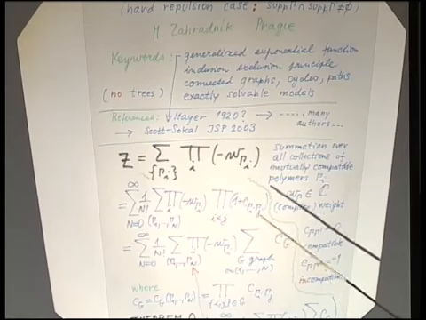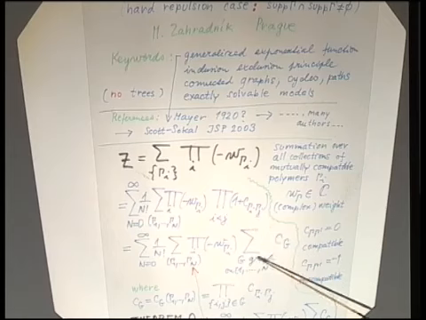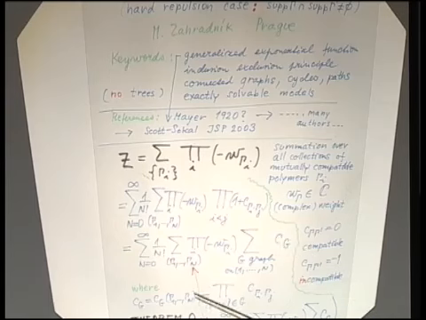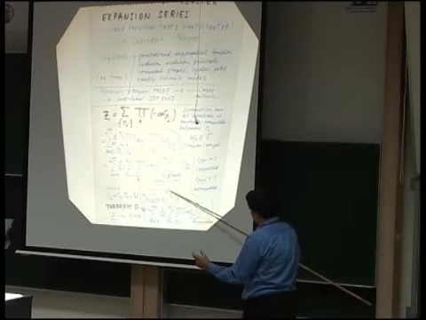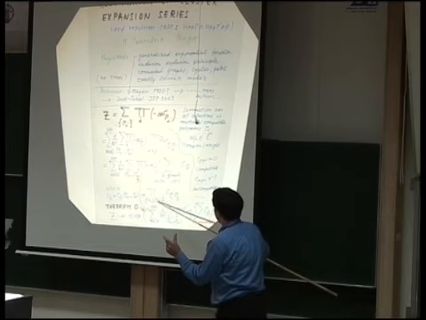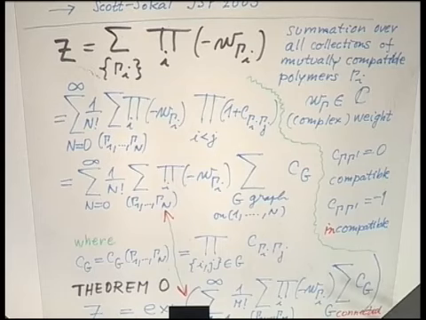And then the standard way is to expand this parenthesis. Then you obtain the sum over graphs on the set of indices 1 to n. C of G is the product of incompatibility coefficients of all the pairs contained in the graph. So if you have an edge in the graph, you look whether there is a bond in the graph, and if there is a bond, then you look whether the polymers are compatible.